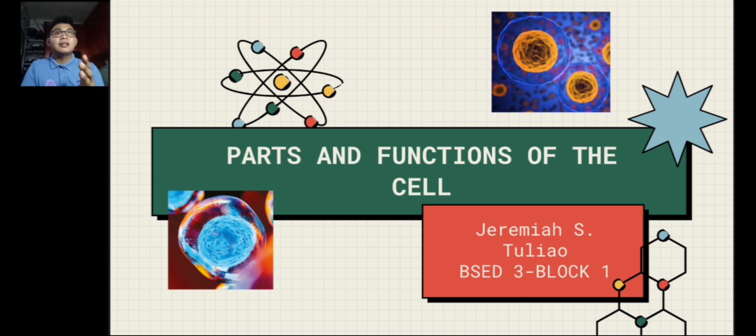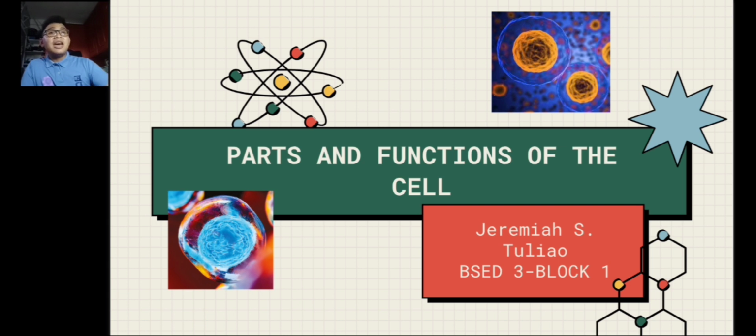Always remember that. Creating their own energy, self-replicating. Always remember, the cell is the smallest unit of life that can replicate. And also, in history, Robert Hooke first discovered cells in what year?